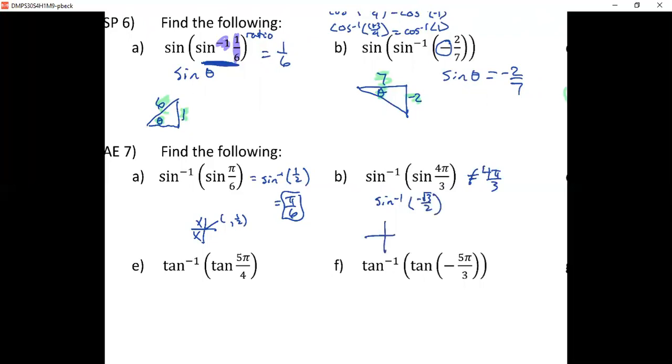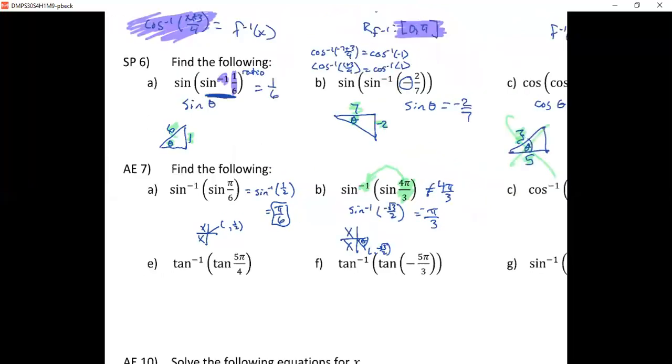And now this problem asks us what angle between negative pi over 2 and pi over 2 creates the sine ratio of negative square root of 3 over 2. And that angle is negative pi over 3. So this does not undo each other because 4 pi over 3 is not in the range of inverse sine.